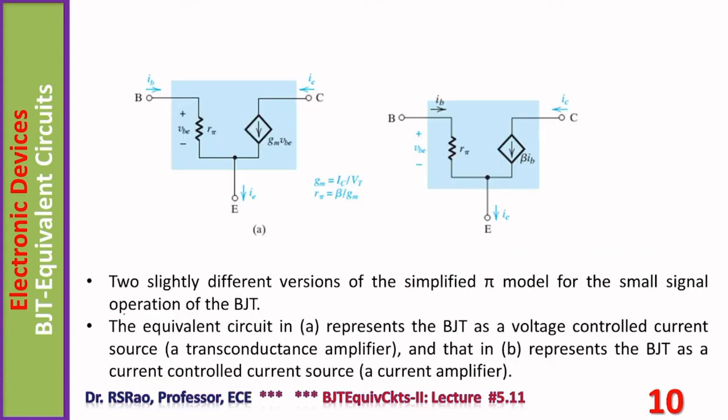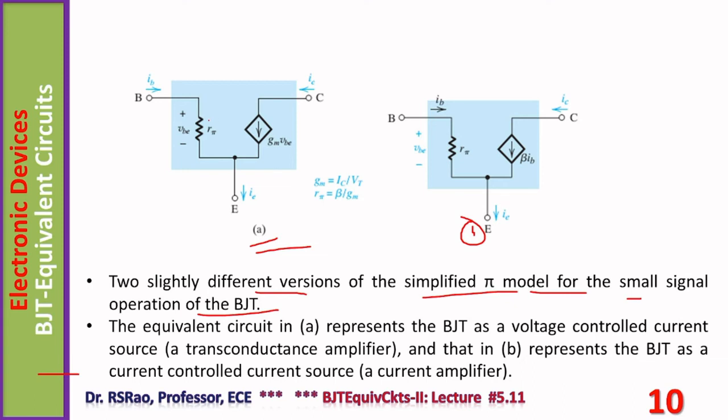Now, in this slide, two slightly different versions of a simplified pi model for the small signal operation of BJT are shown. We have the simplified H parameter circuit, and similarly here we have the simplified pi model. In A one model, in B another model. What is the difference?